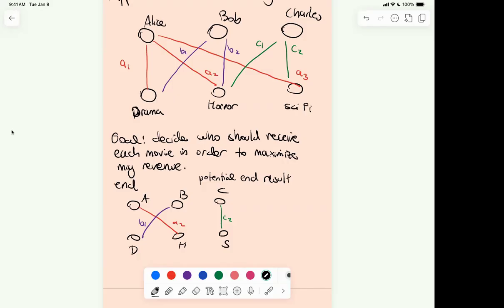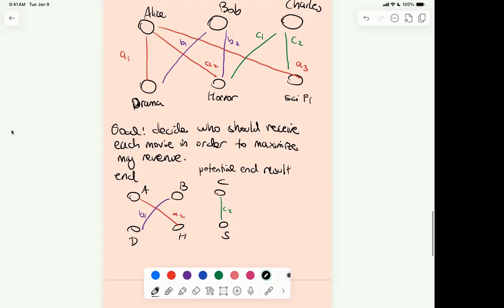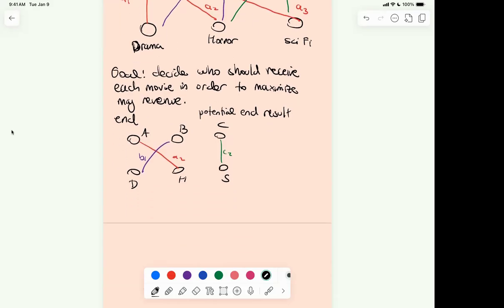What I like about this problem is that it also introduces binary variables, which are very important in computer science and in applications. So the question is, how do you set up this problem in terms of an integer programming setup?